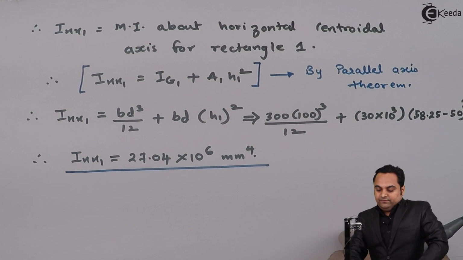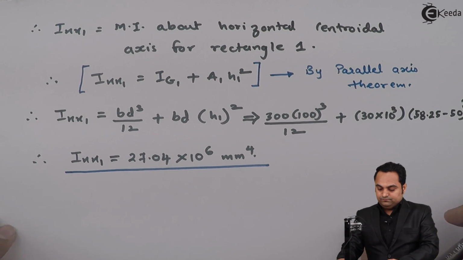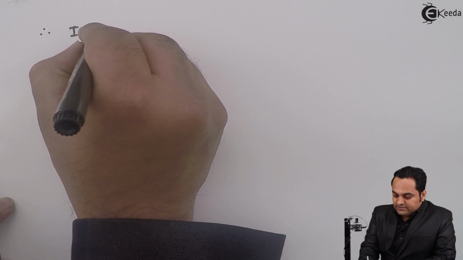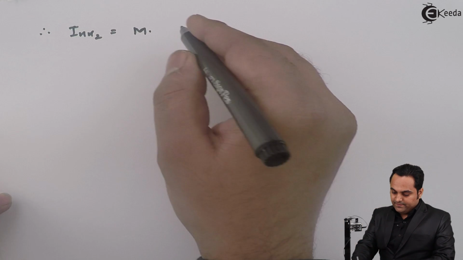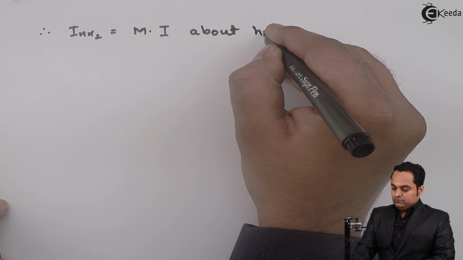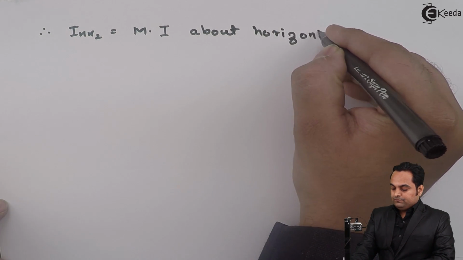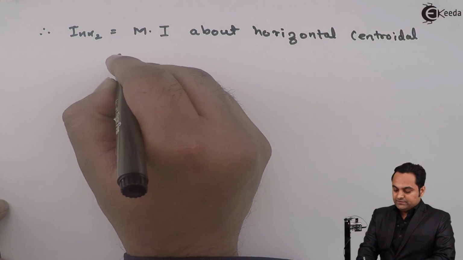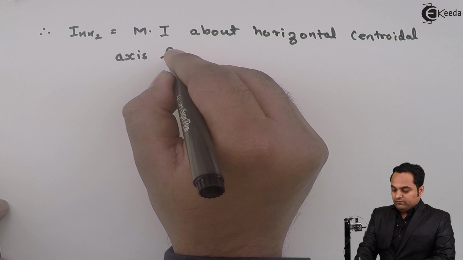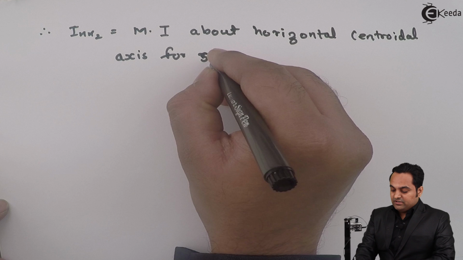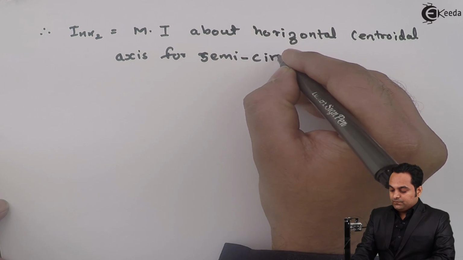In the same manner, we will calculate Ixx2. Ixx2 is equal to MI about horizontal centroidal axis for rectangle, or here the figure is semicircle, so for semicircle second.